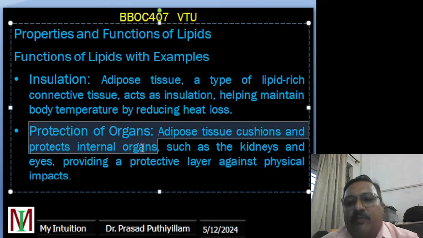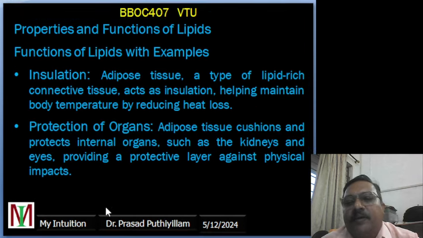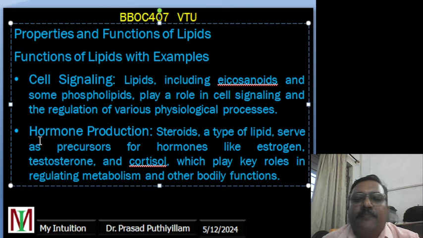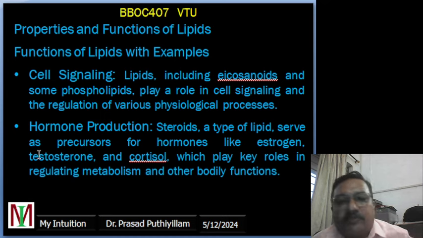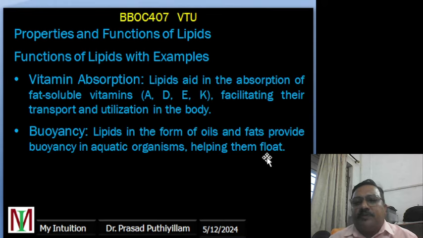It is used for the protection of organs, giving a cushioning effect, mainly for the kidneys, eyes, etc. Then comes cell signaling, eicosanoids, some examples given here. Hormone production: steroids are a type of lipids, the precursor for hormones like estrogen, testosterone, and cortisol, which play a very crucial role.